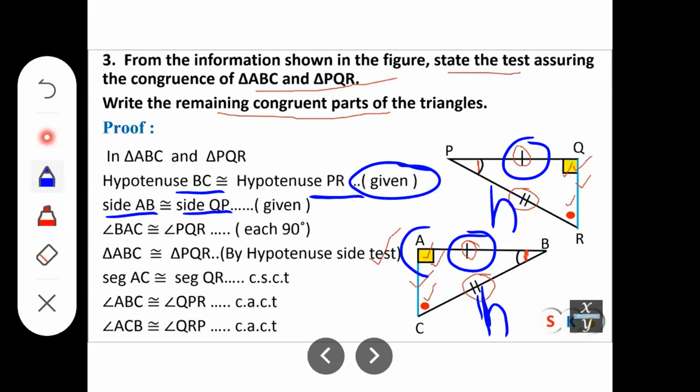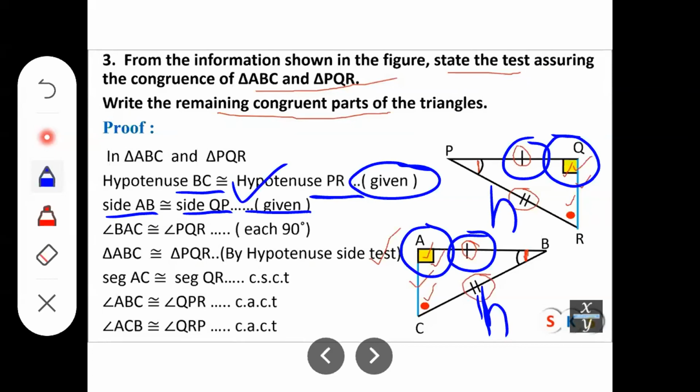Because A is 90 degrees and along with it, the vertex Q is 90 degrees. So the side mentioned here is QP, not PQ. That would also be correct, but QP is more correct.